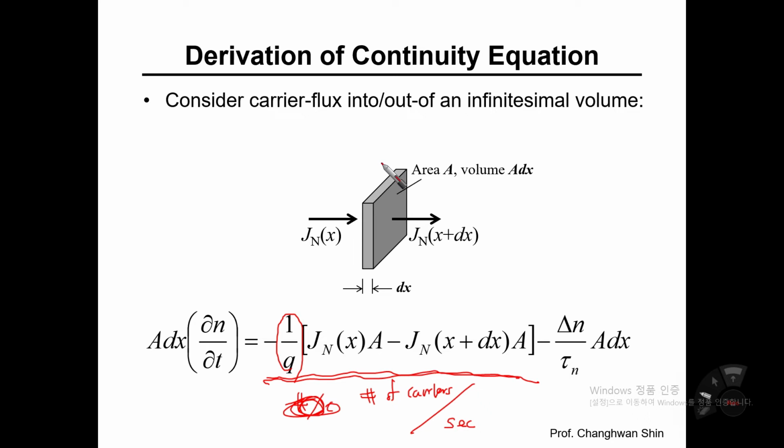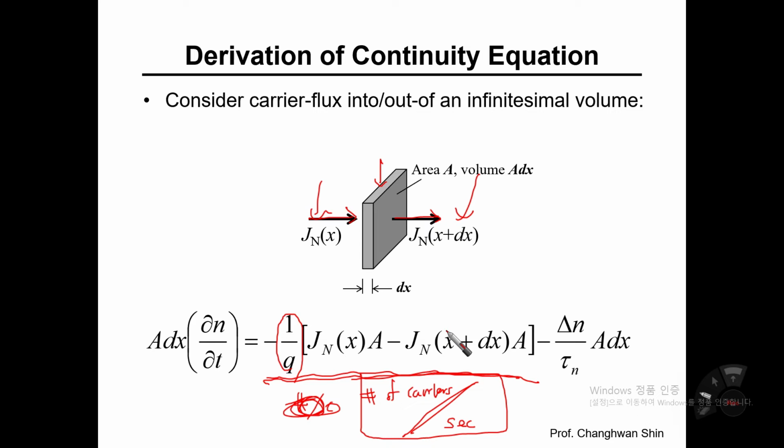Previously I mentioned that we have no idea what happened within this volume, but we can monitor the current density difference. From these two different measured current densities, we can estimate the number of carriers per second.